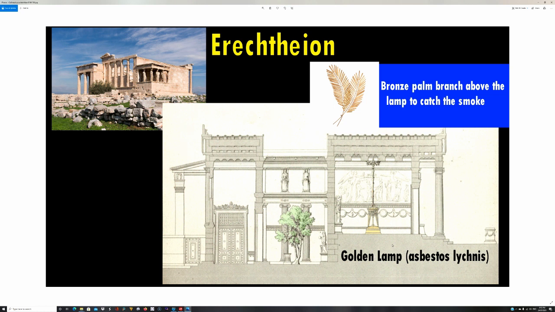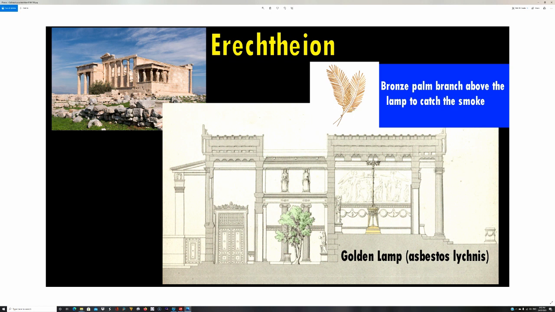So he built a lamp which only needed to be refilled once a year, and the wick was asbestos, so the wick didn't burn away like a candle wick. An interesting note is that the Egyptians were also using asbestos, even in some of the wrapping for their mummies. But the interesting thing about this lamp, as told by Pausanias, was that he also added a bronze palm branch above the lamp, and that caught the smoke and stopped soot covering the walls.